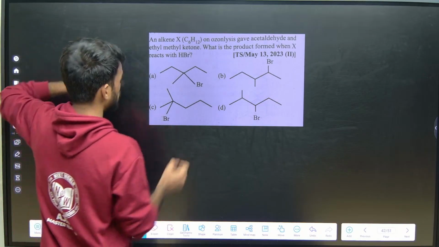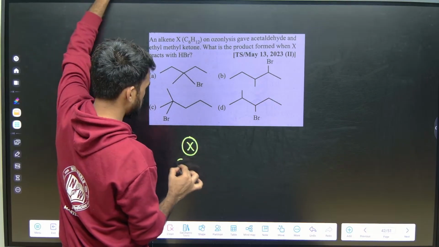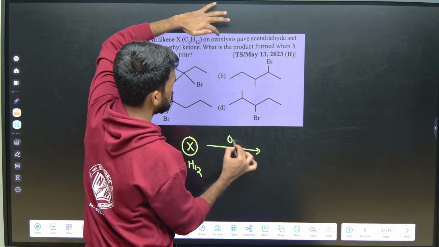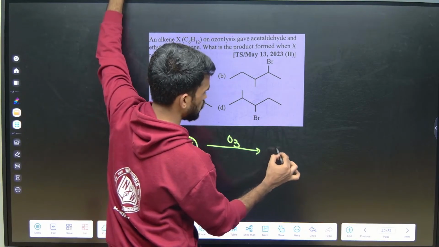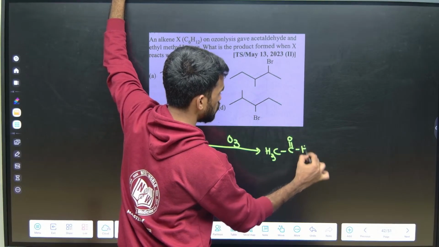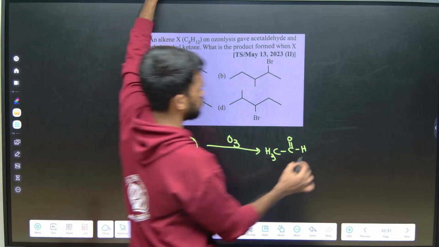Say an alkene X, which has the formula C6H12, on ozonolysis gives acetaldehyde, CH3CHO, and methyl ethyl ketone.